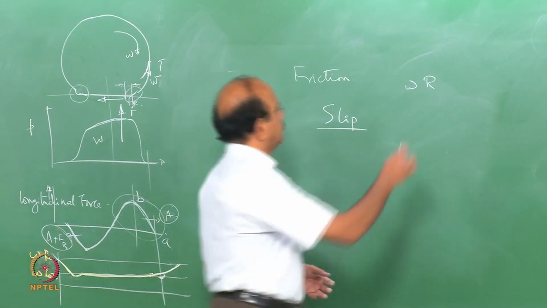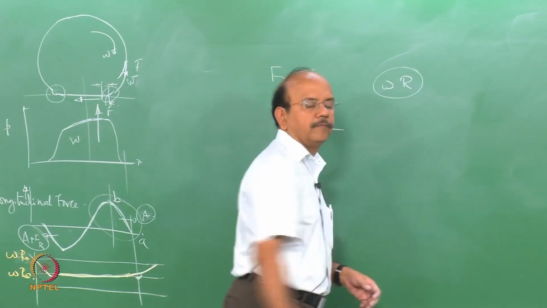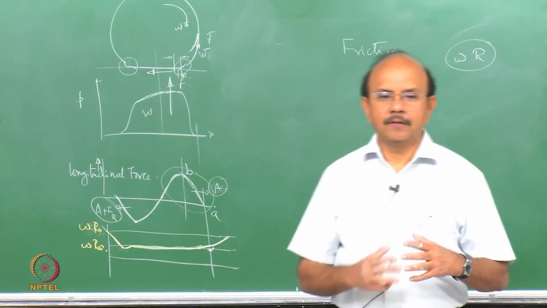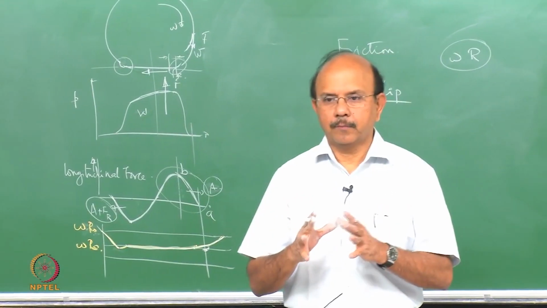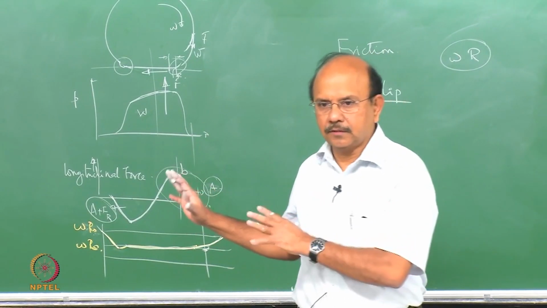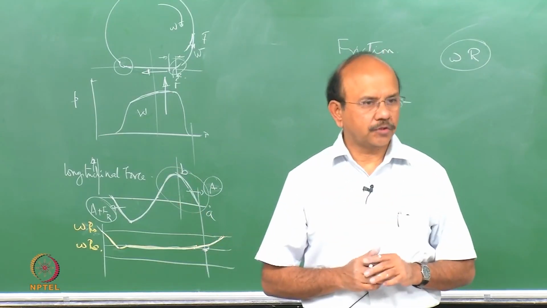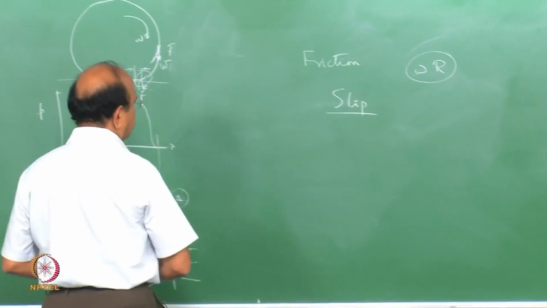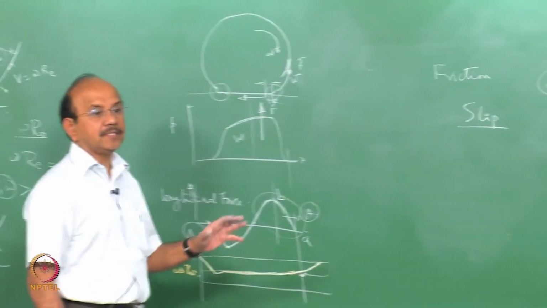Clear? We will see that in the next class. Remember that the r values are not a constant as you go along the contact patch. We will extend these concepts in the next class and define what is called the slip.